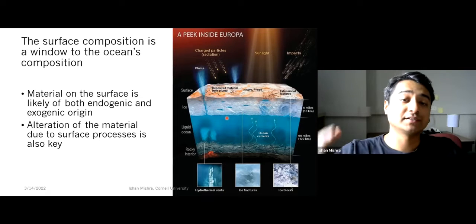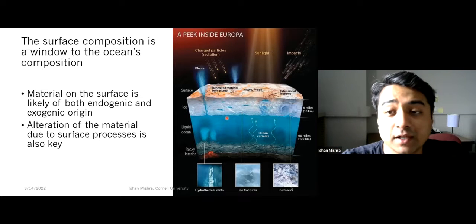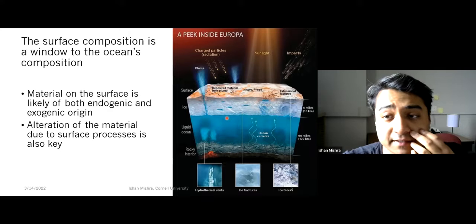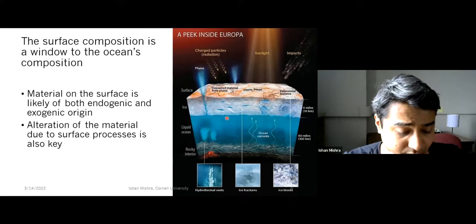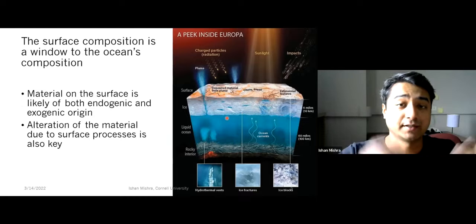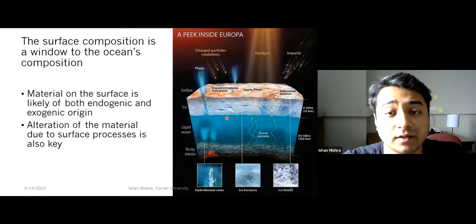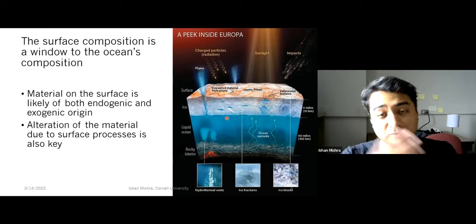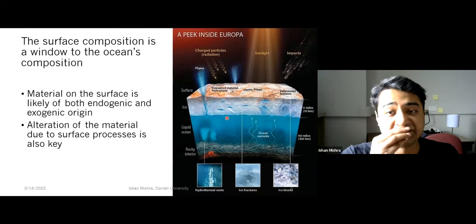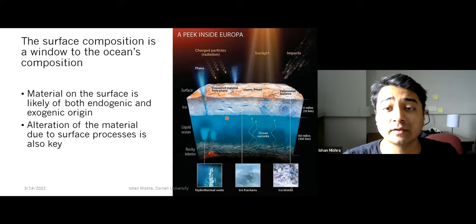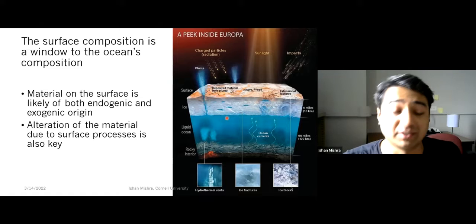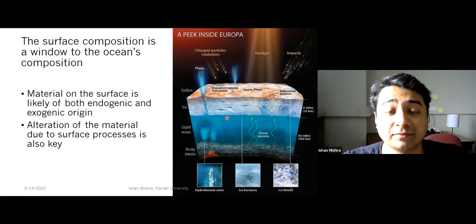And so if you're trying to understand the composition of Europa's surface, we need to understand it in terms of both materials coming from the inside and materials coming from Jupiter's magnetosphere. And so the surface emplacement can be in the form of diapiric upwelling, cryovolcanism, or plume activity. We have tentative evidence of plumes on Europa.